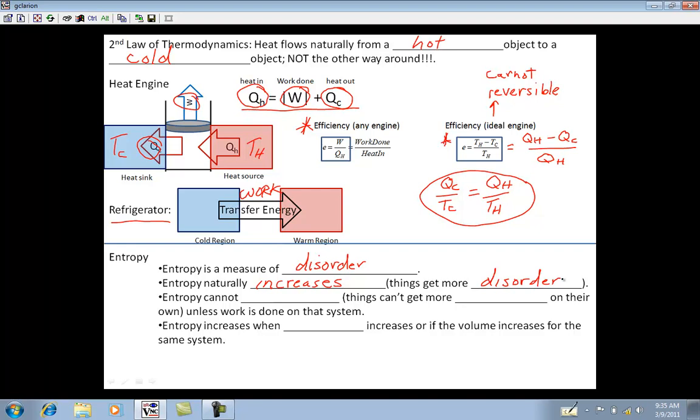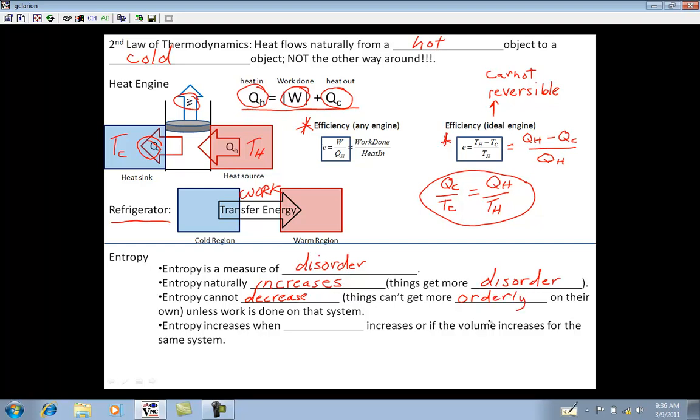So entropy cannot decrease unless work is done to the system. In other words, things can't get more orderly on their own.